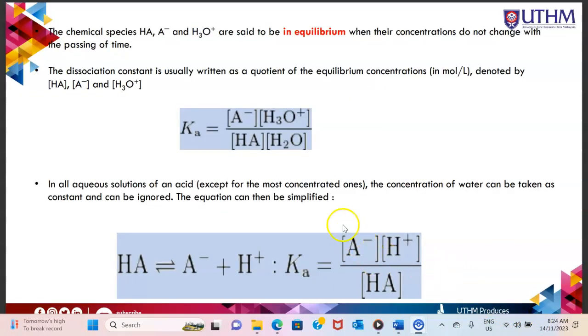And then the equation can be simplified by these equations. The acid in its neutral form undergoes a reversible reaction to give the conjugate base plus these hydrogen ions, and hence we have the constant of this equation.